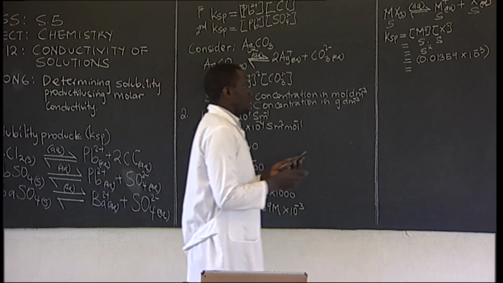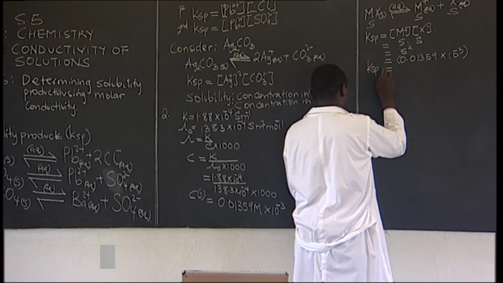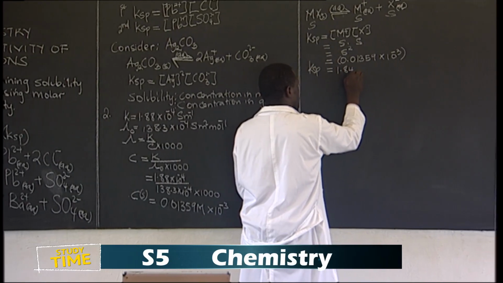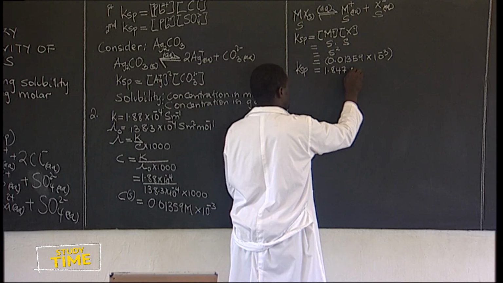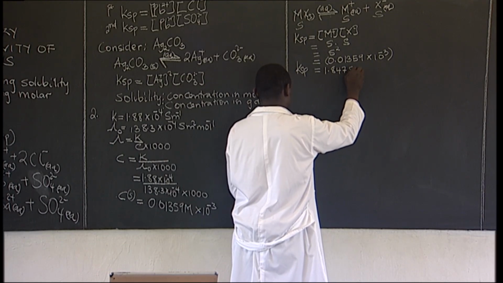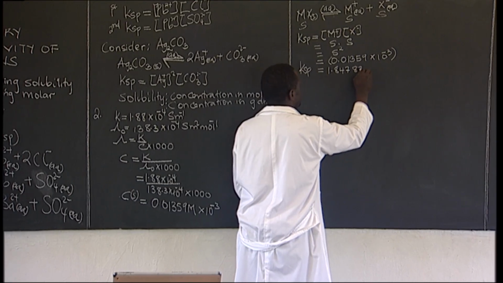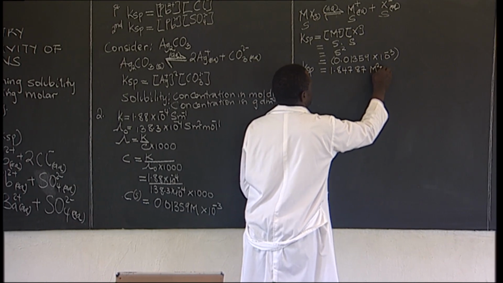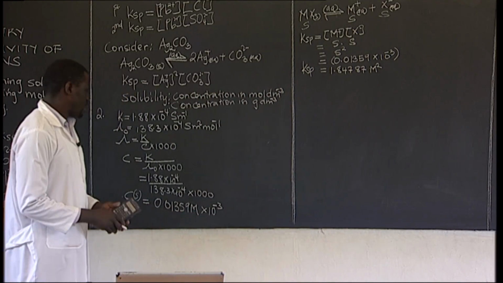Yeah. So our Ksp value will be equal to 1.8478 87. Let's stop there. So the units will be mole squared, because here we have molar squared.